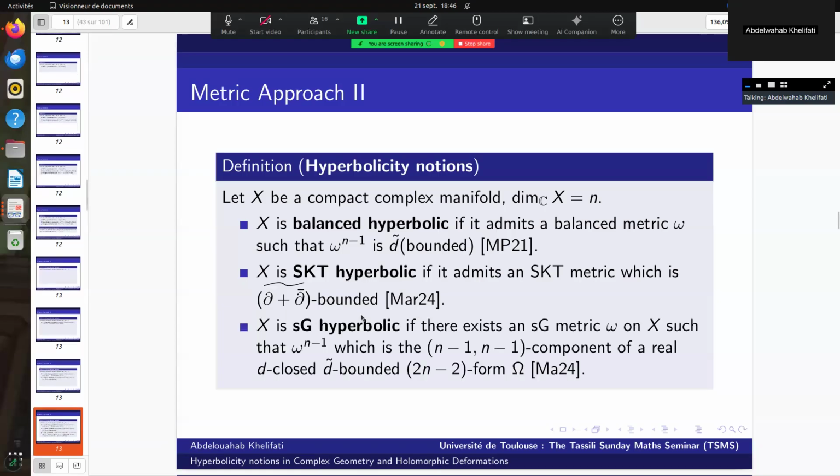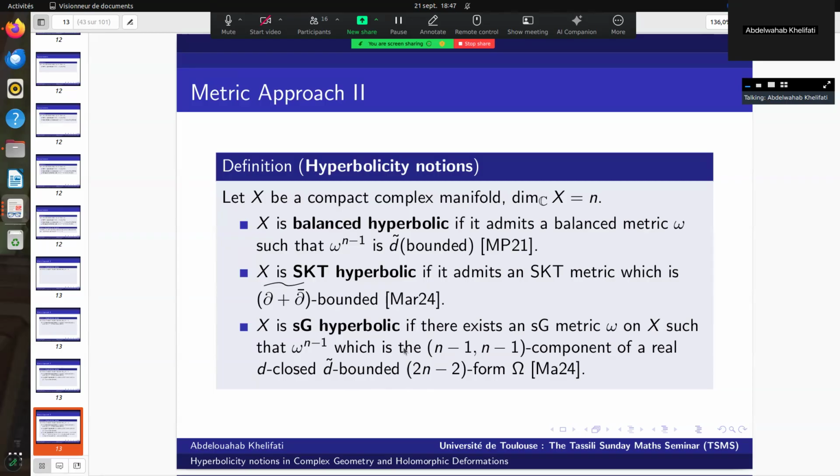And for strongly Gauduchon, I will use the second definition with the remark, in terms of the (2n minus 2)-form. I just say that your metric is strongly Gauduchon hyperbolic if its power n minus 1 is actually the (n minus 1, n minus 1) component, as I mentioned, of this (2n minus 2)-form, which I impose to be d-bounded. And this way one can define hyperbolicity for the strongly Gauduchon hyperbolic case.